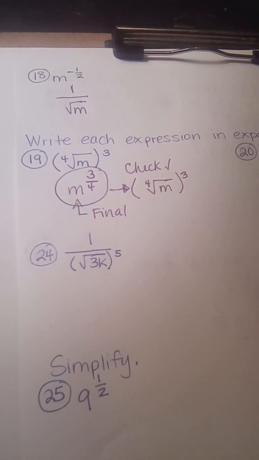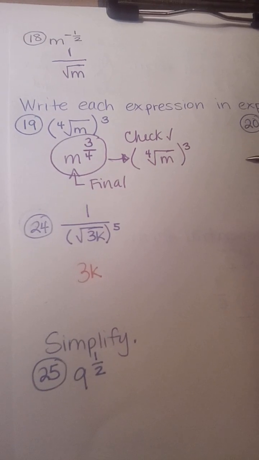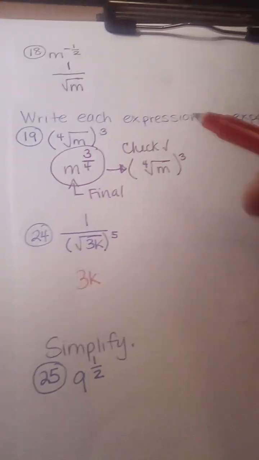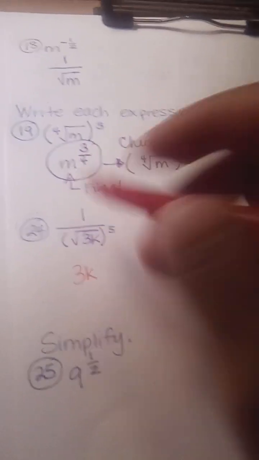If you said 3k, you're correct. Do we put parentheses around it? Yes or no? Since it's in a fraction, yes, we do.